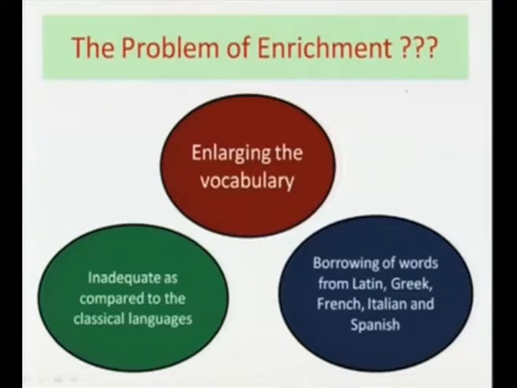So, what might happen is if you borrow too much from Latin and Greek or from French, or if your neologisms or new words are etymologically heavily leaning on these languages, then the Anglo-Saxon or the English that you are talking about may be viewed by some as inadequate, especially as compared to classical languages. You are coining new words based on antiquity.